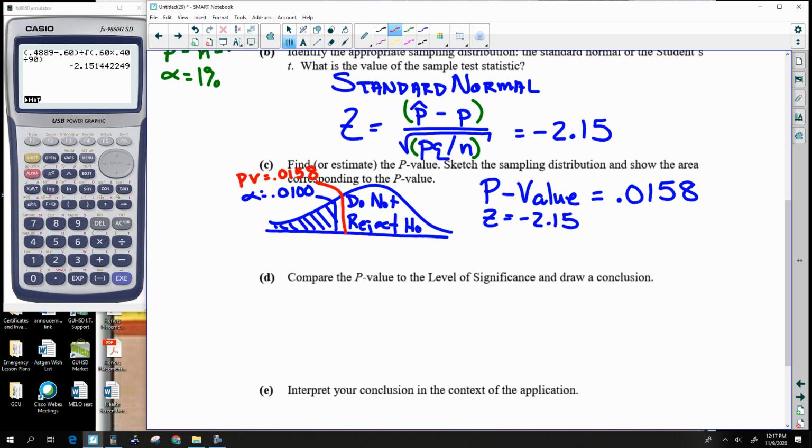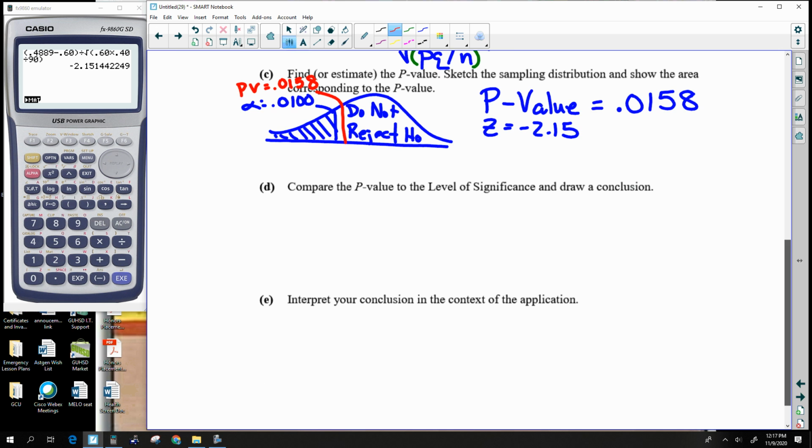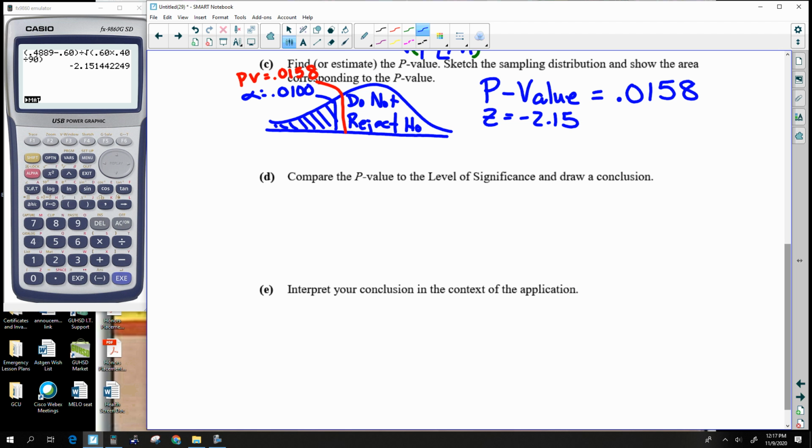It's larger. So it gets to that do not reject zone. So we see that our p-value is larger than the alpha, is greater than, so do not reject H0.